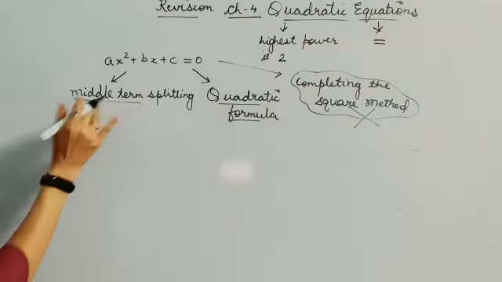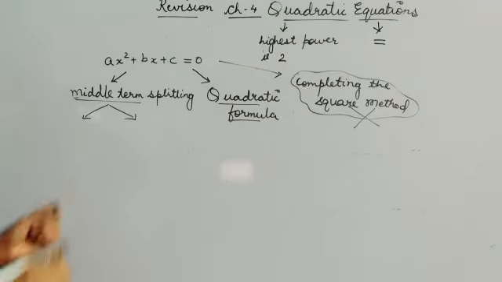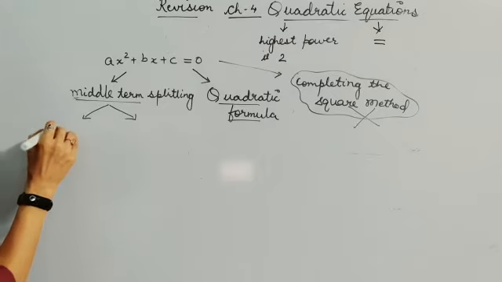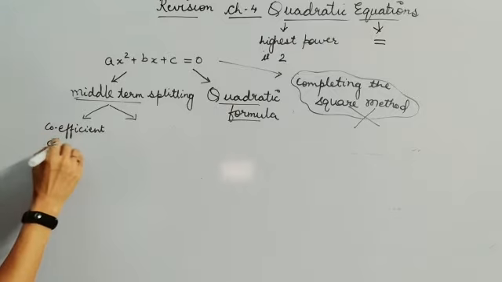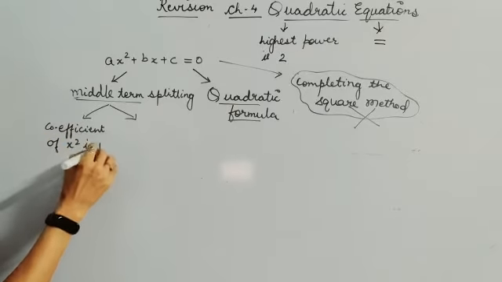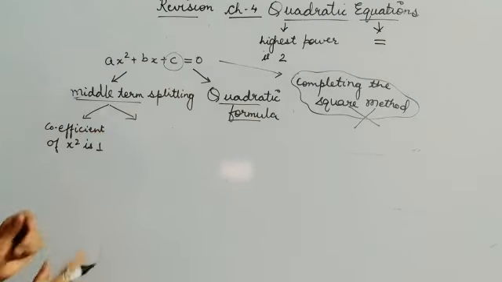So in middle term splitting, again you can get two types of questions. One question in which the coefficient of x square is 1. If the coefficient of x square is 1, then you can directly take this value c and start factorizing it.